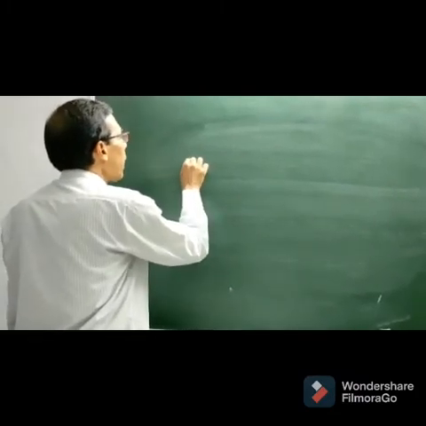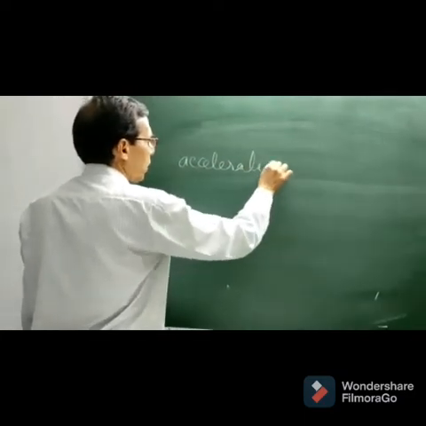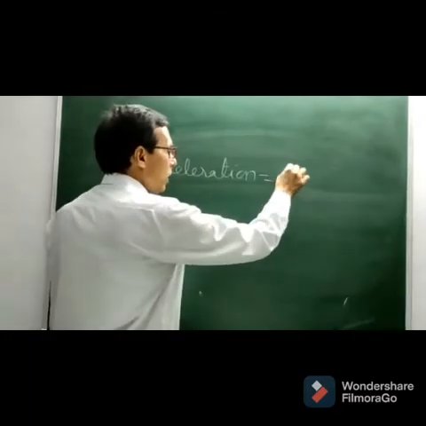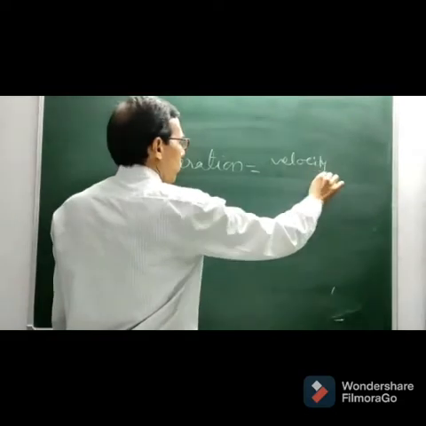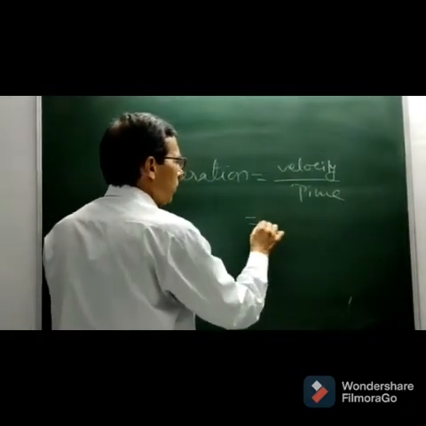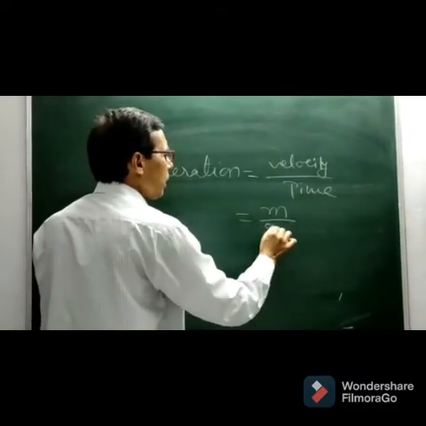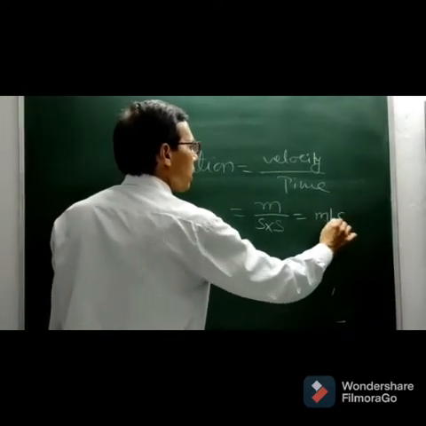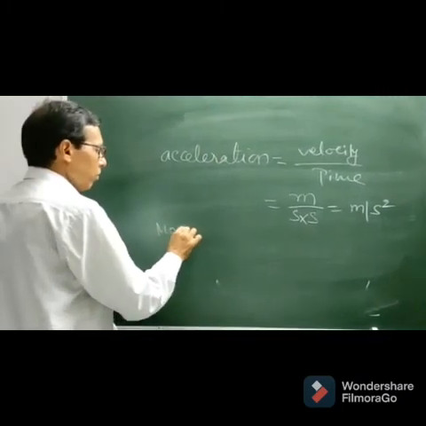Suppose acceleration. First you write the formula, acceleration is equal to change in velocity by time. And you know that SI unit of velocity is meter per second, time is second, so here you write meter per second square.